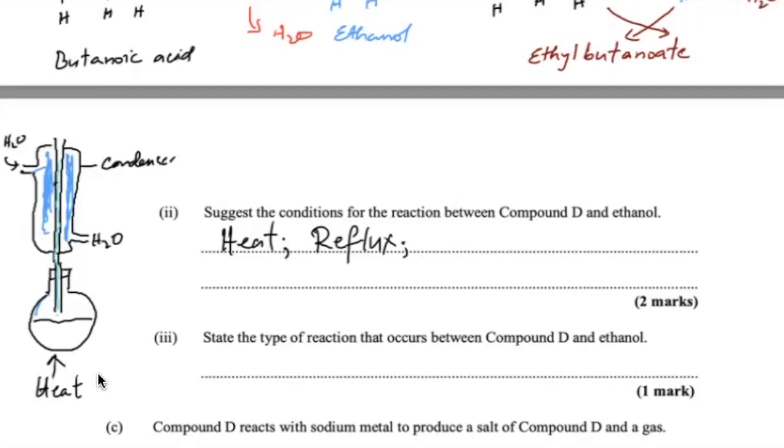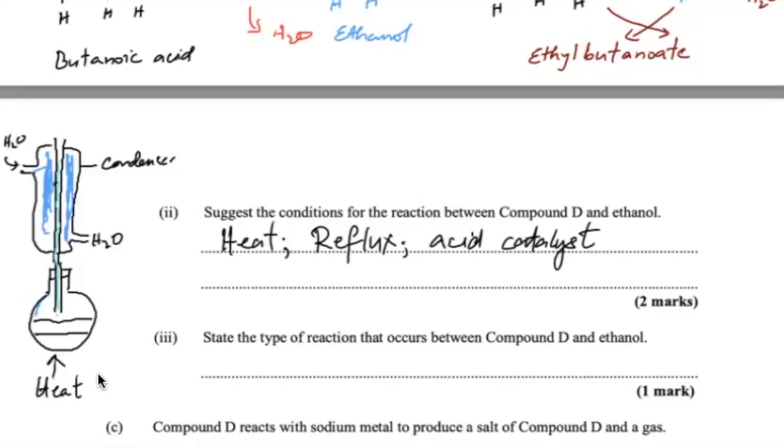At the end of the day, you will get the product and the reactants being in the same container, and the continuous boiling and cooling takes place. But then we also need an acid catalyst, like a few drops of sulfuric acid to catalyze it. So those three things: heat, reflux, and an acid catalyst.